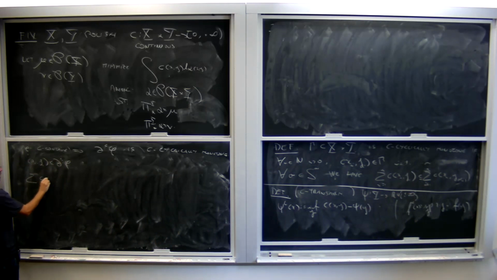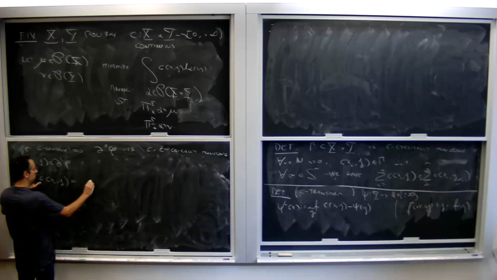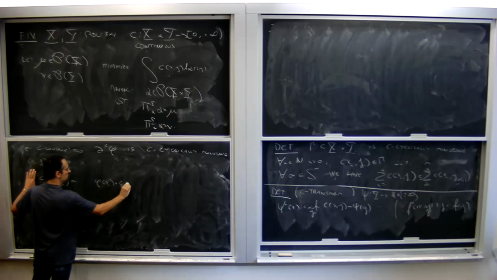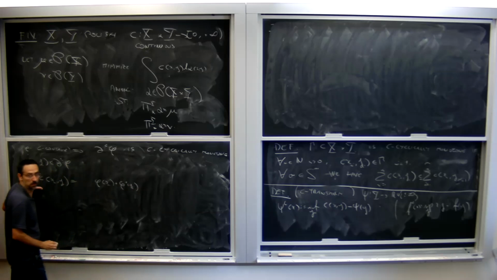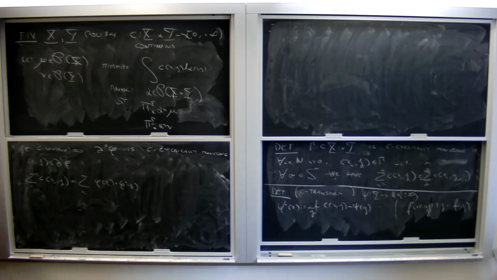So I should do the sum over i of c(x_i, y_i). By definition, this means that for every i, this is equal to phi of x_i plus phi^c of y_i. And then I sum. The operation of addition is commutative.